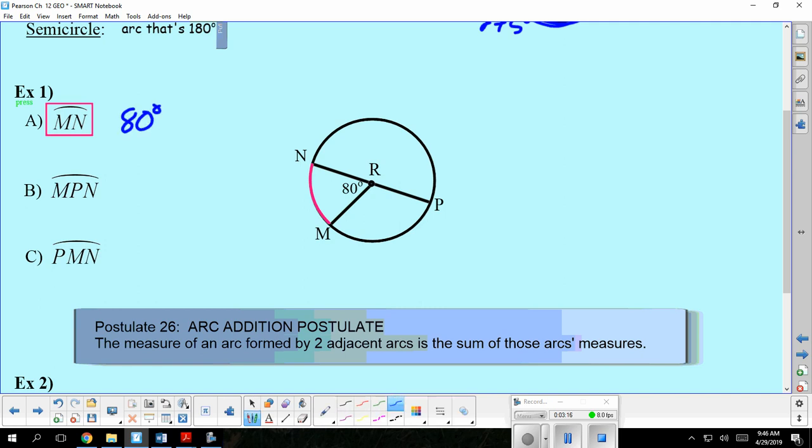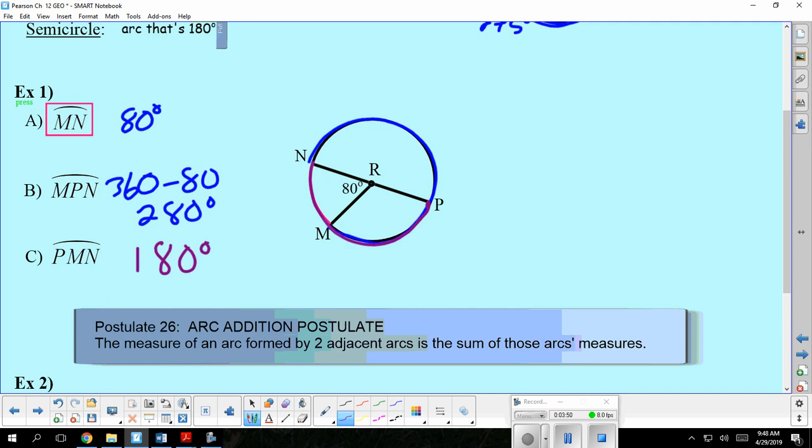See if you can figure out the measures of the next two. All right, so MPN, going the other direction here, all the way that way, is going to be 360 minus 80, or 280 degrees. And then PMN, starting at P, going to here, that's half of a circle, or 180 degrees.